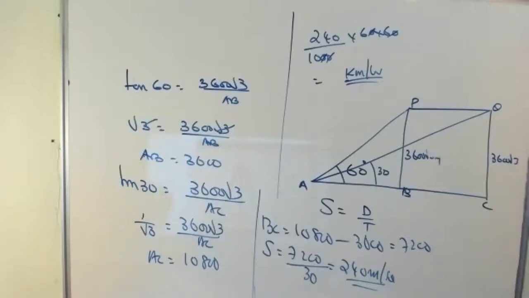Okay, right. Let P and Q be the two positions of the plane, and let A be the point of observation.